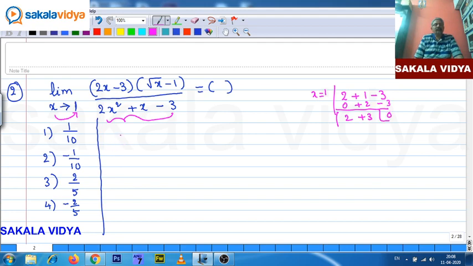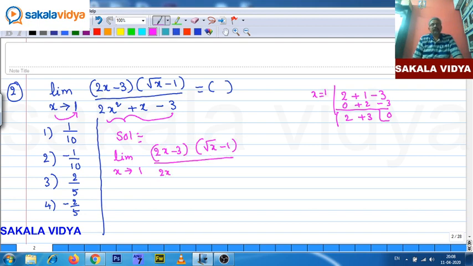So now this can be written like this: limit x tends to 1, 2x minus 3 into root x minus 1 upon 2x plus 3 into x minus 1.